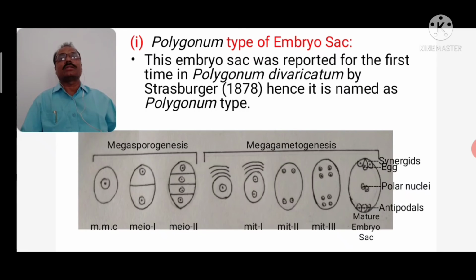The whole structure has one egg, 2 synergids, 2 polar nuclei and 3 antipodals. This embryo sac was reported for the first time in Polygonum divaricatum by Strasburger in 1878. Hence, it is named as Polygonum type.